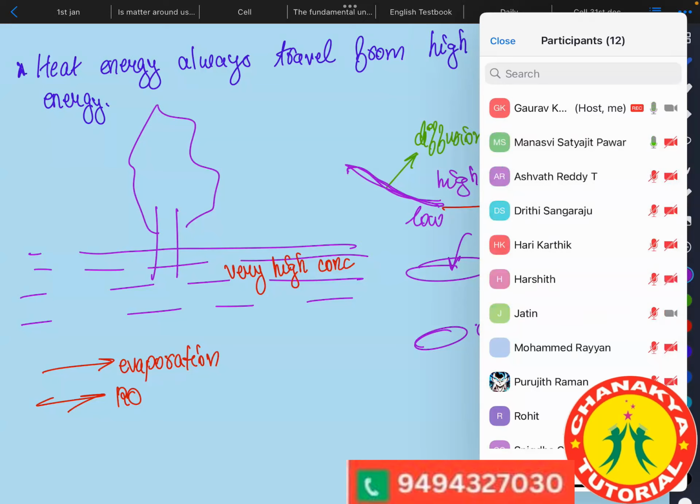Oh, so how do aquatic animals stay there? Okay, we can find out the reason how aquatic animals are able to survive inside it.